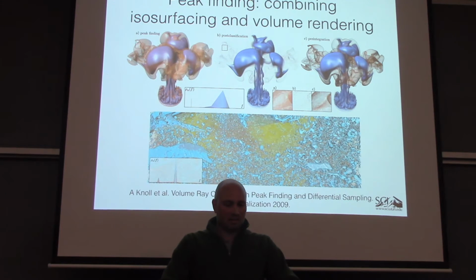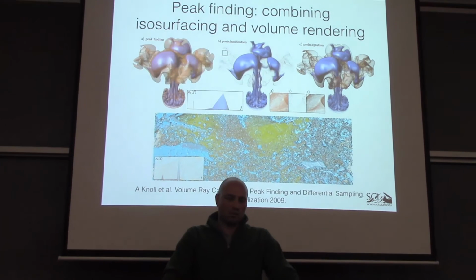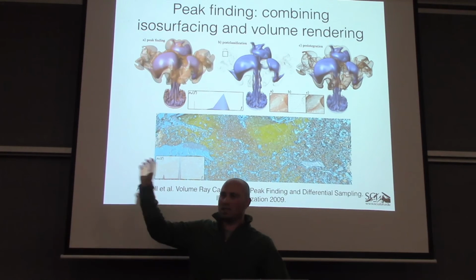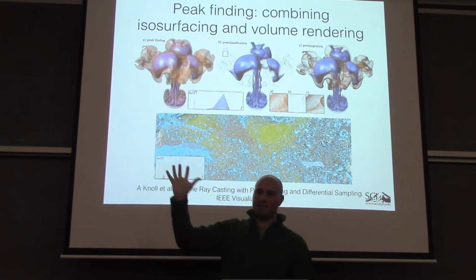Lastly, one last paper that I worked on was this peak finding paper, which is really about combining volume rendering and isosurfacing into one framework. And in fact, I should mention the work from Martin Kraus, the scale invariant volume rendering, which really shows that volume rendering can be thought of as really just an infinite set of isosurfaces all composited together.